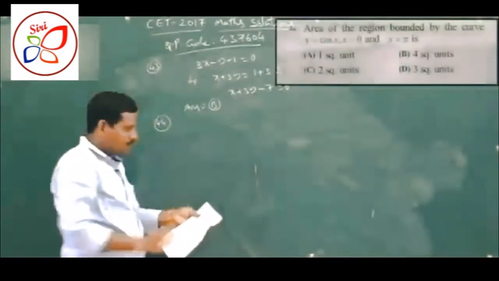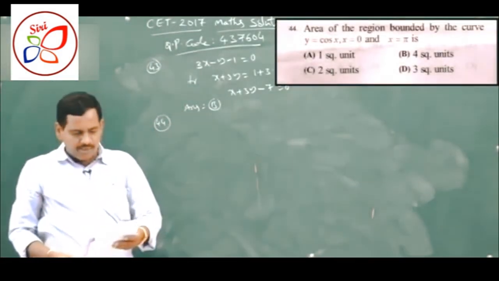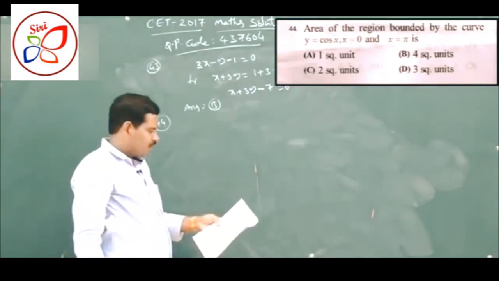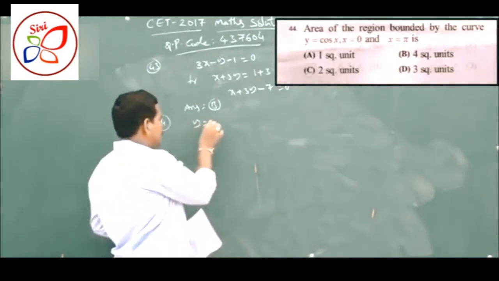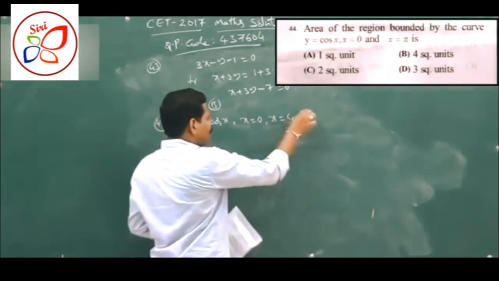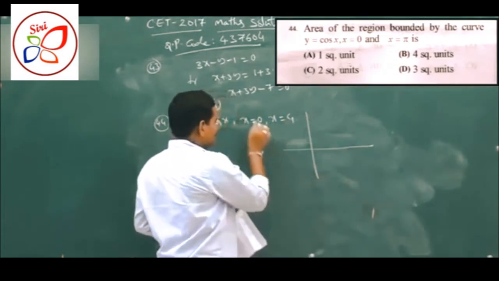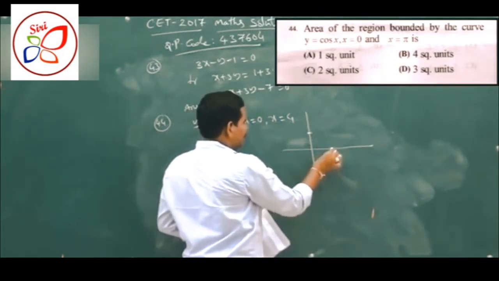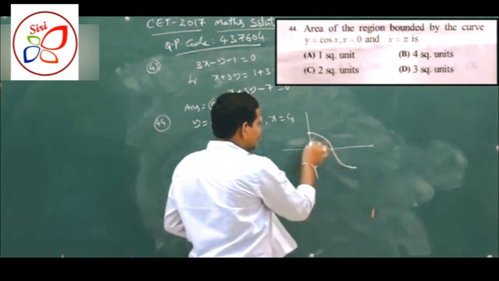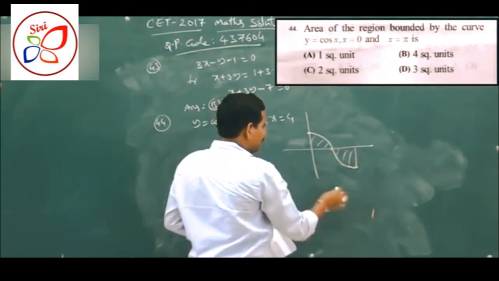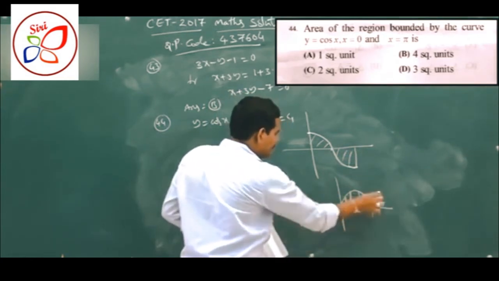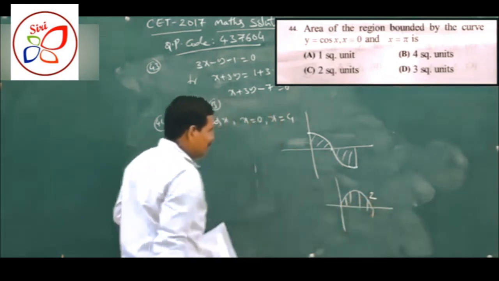Now, the 44th one. Area of region bounded by the curve y is equal to cos x between x is equal to 0 and x is equal to pi. It means the curve is like this. For 0 the value is 1, here 0, like this. It means half arch, nothing but one full arch. This area is always equal to 2 units.